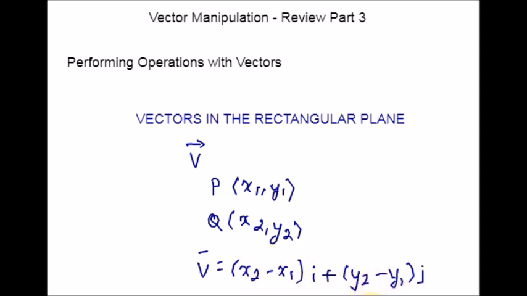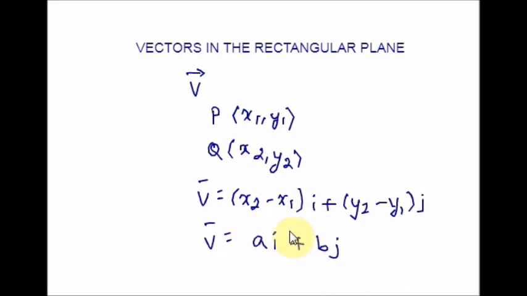So this can be written the same way, replacing x2 - x1 by a and y2 - y1 by b. This vector sum is called a linear combination of the vectors i and j. Its magnitude will be given as the square root of a squared plus b squared.